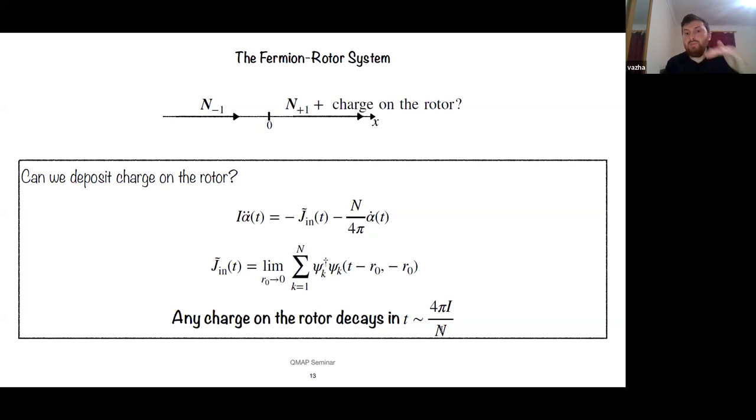That means this time scale is very small and actually we cannot deposit any charge on the rotor, at least any relevant charge. As a result, this is not the answer to the problem. The final state is not N plus some charge on the rotor.